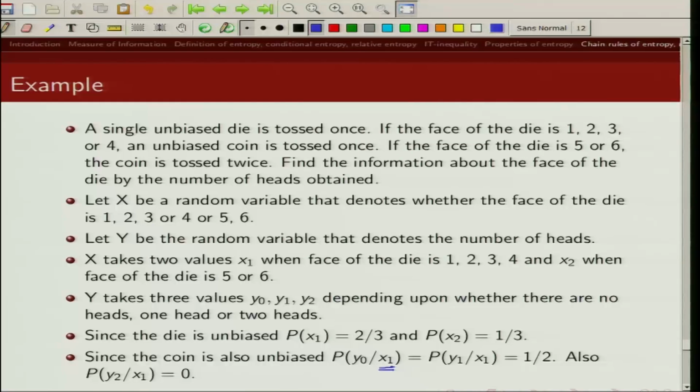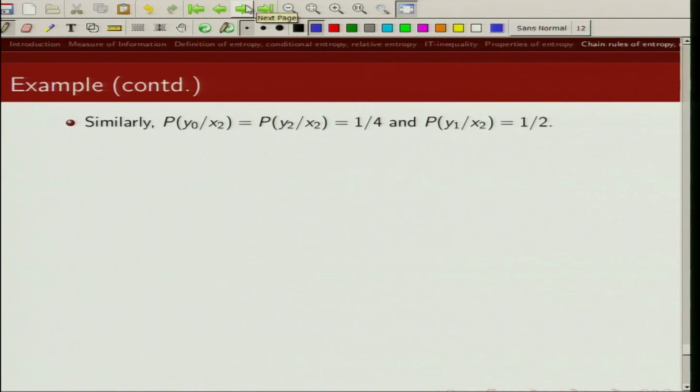If I get x1, I am tossing the coin once. So the probability of getting no head is the same as the probability of getting 1 head, which is half, and I can never get 2 heads because I am tossing the coin only once. Similarly, if I get 5 or 6, I am tossing the coin twice, so the probability of getting no head or 2 heads is 1/4, as we have just shown, and the probability of getting 1 head is half.